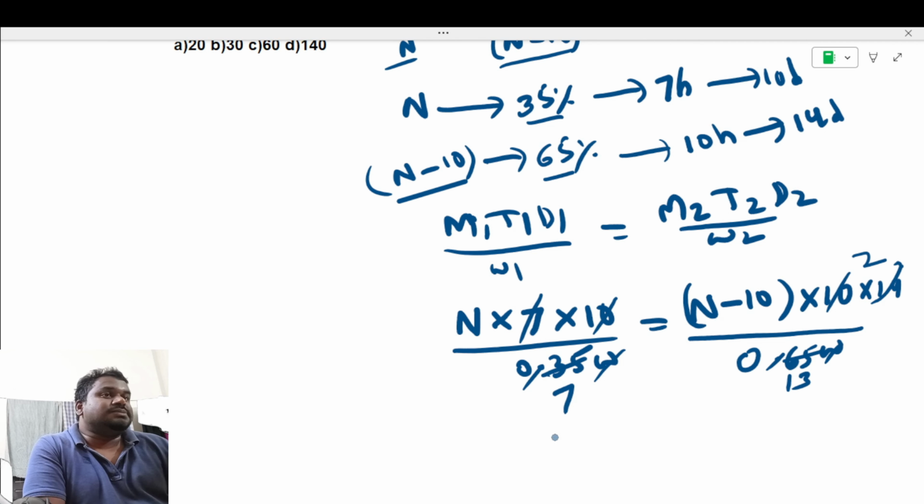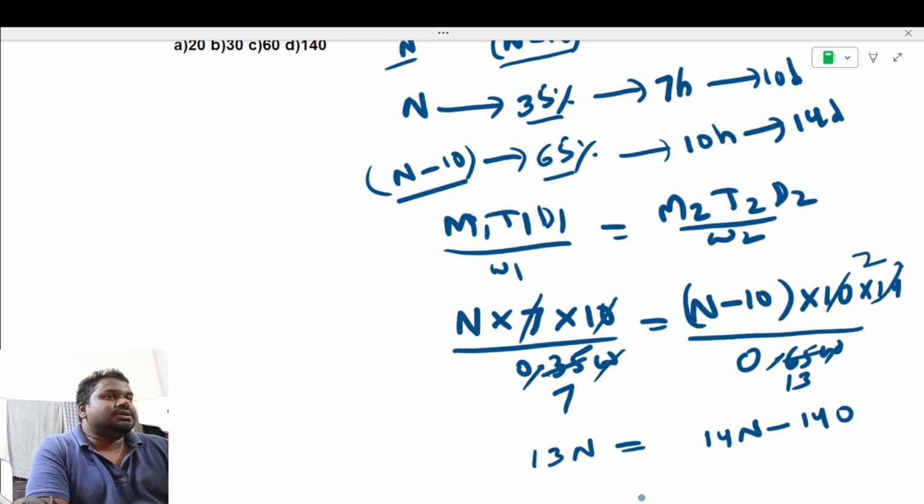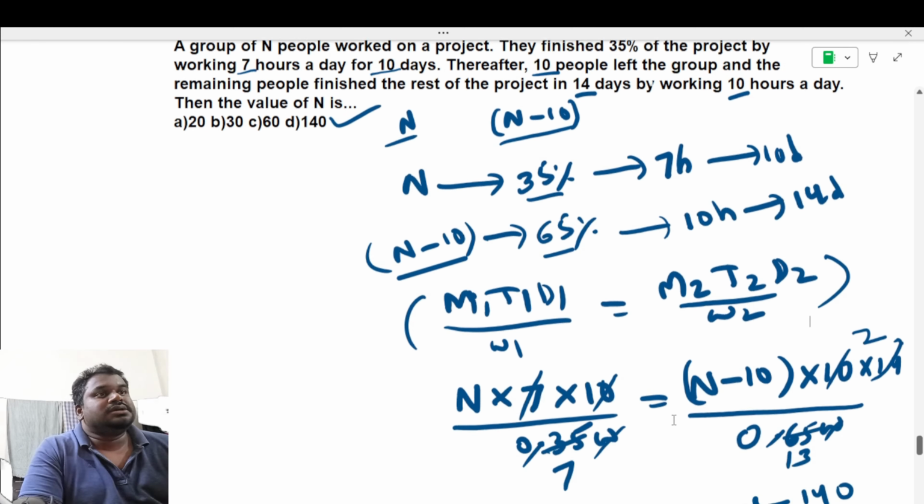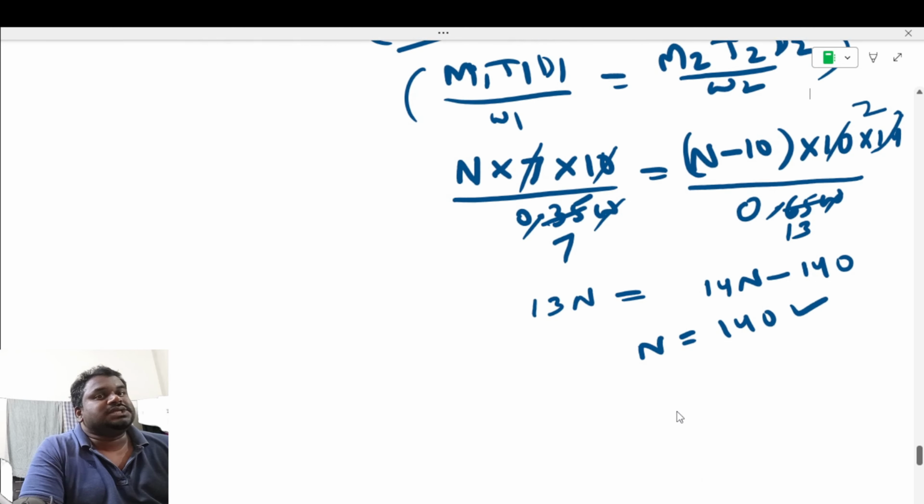So you do the cross multiplication, then 13N is equal to 14N minus 140. So it means N is equal to 140. So 140 is the answer. It's a simple thing. You don't have to write the formula; directly in your mind you can write these terms and find the value of N easily.